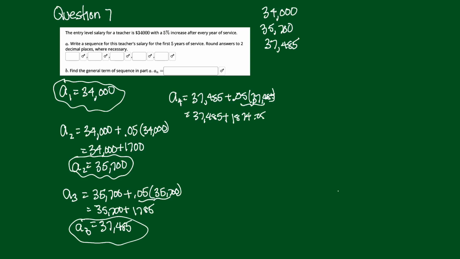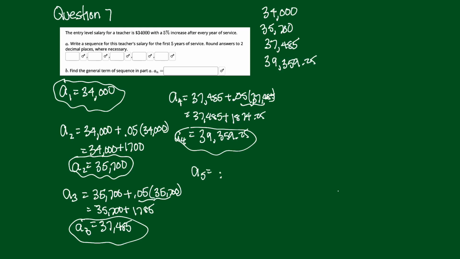That's if I multiply these. And then if I add these together, I get that A sub 4 is 39,359.25. So that's the salary at the end of the fourth year. 39,359 and 25 cents.